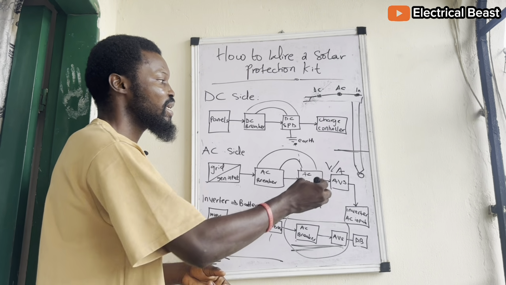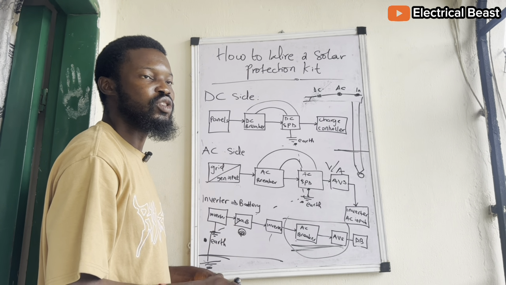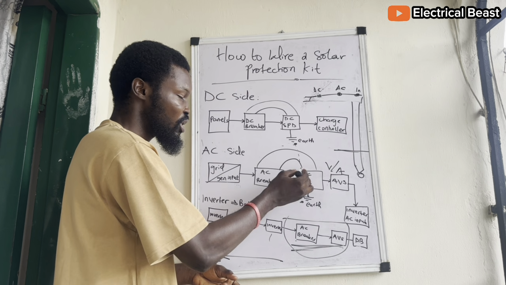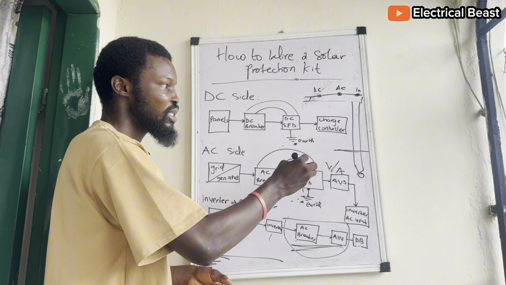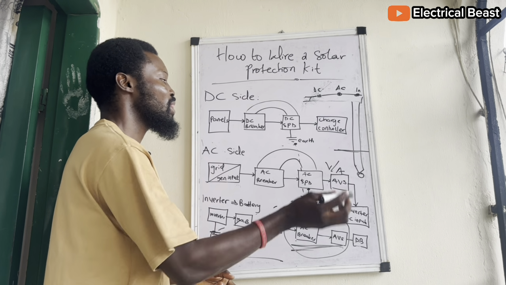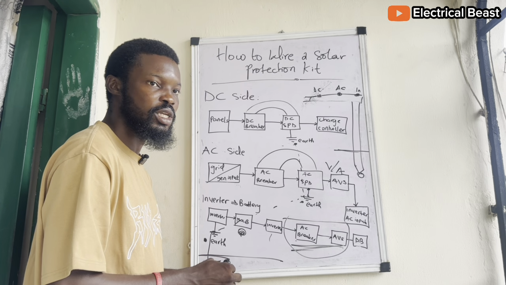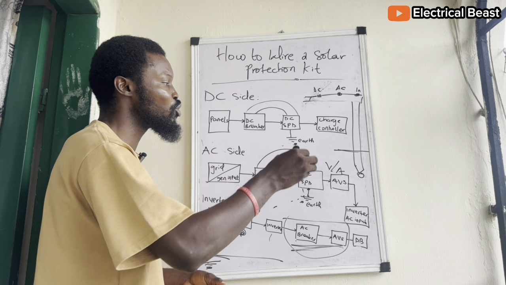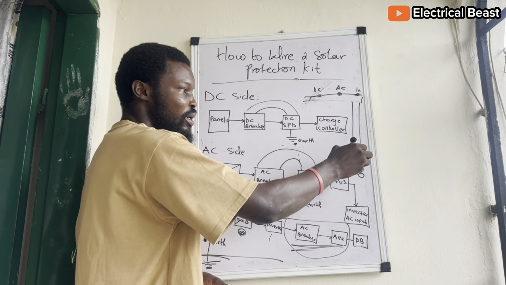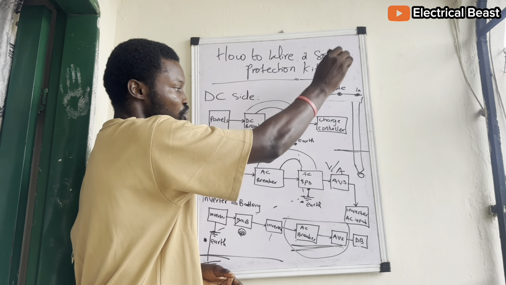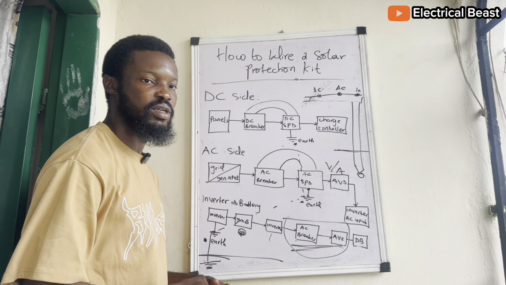And when the earth resistance is not as effective as the resistance between each of these points you connect together, then the earthing will not be effective. It's going to clamp back to the device and affect some systems in your protection setup. So you need to make sure everything goes to an earth bar close to the ground so that the resistance will be almost equal. Then everything goes to the earth and the earthing is effective.